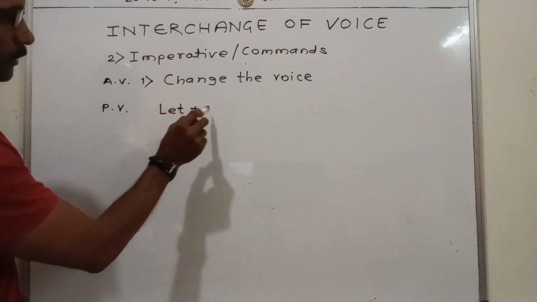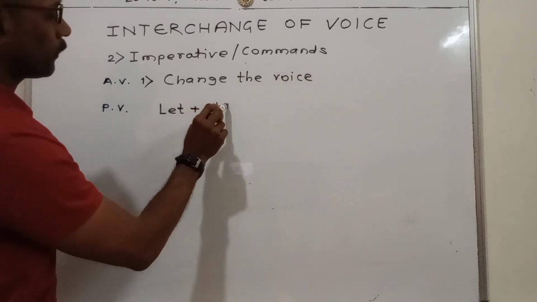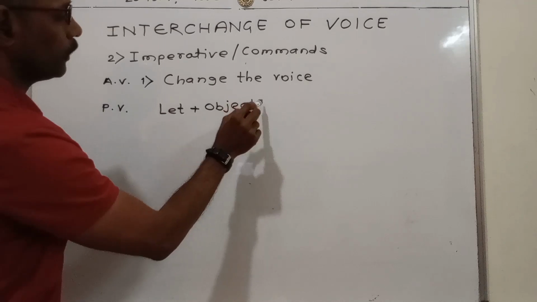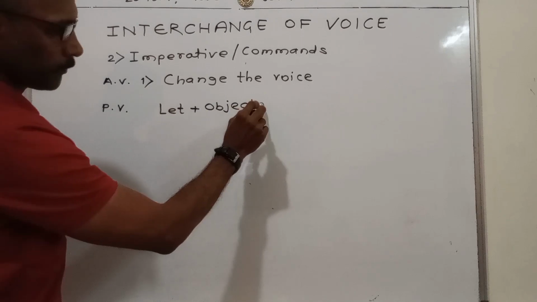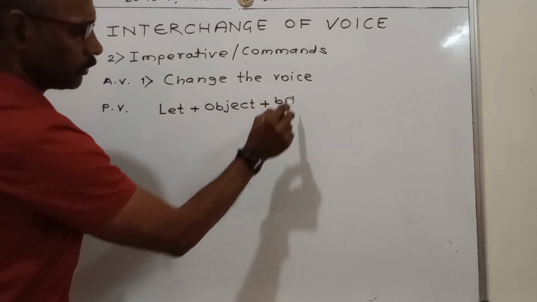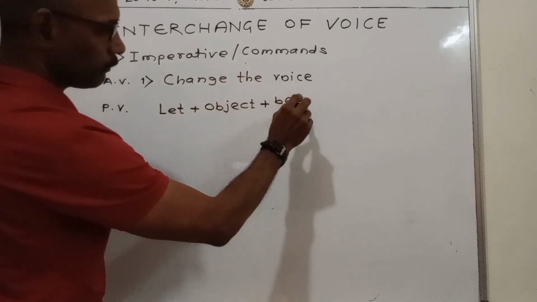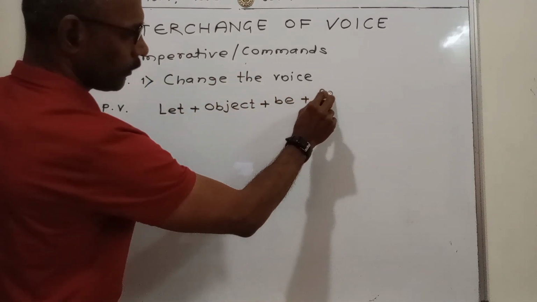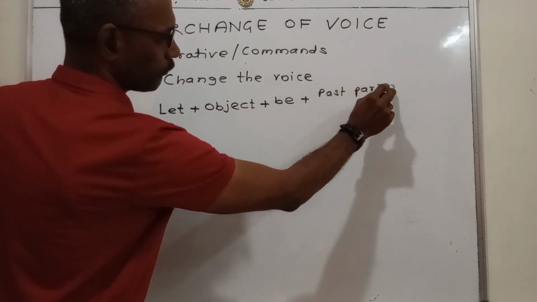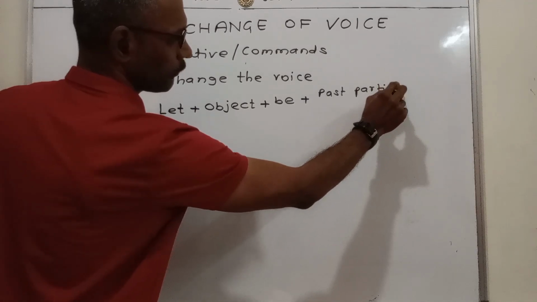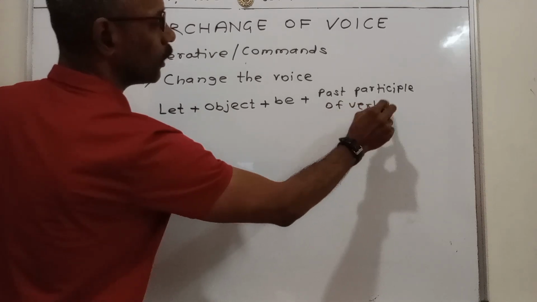Then this object we write after let: let the voice, very simple rule, then be, then the past participle of the verb.